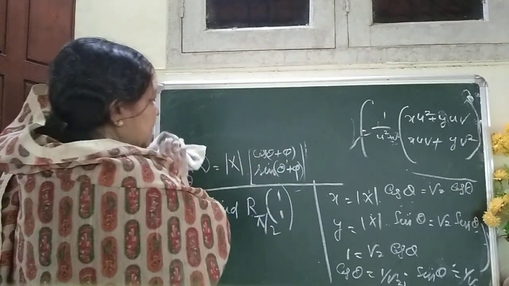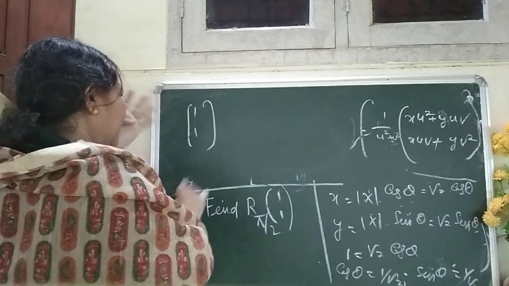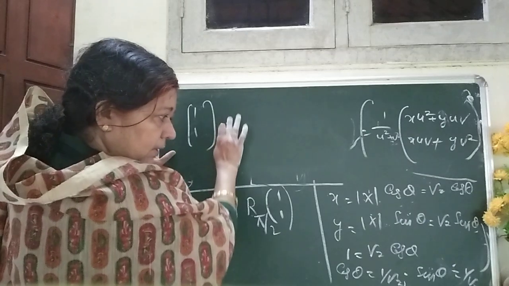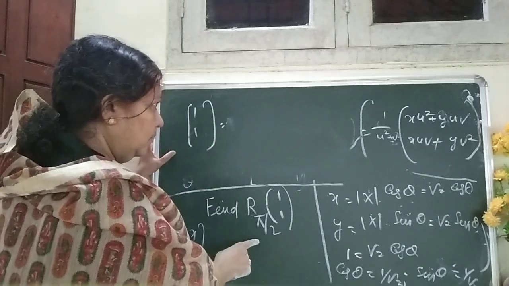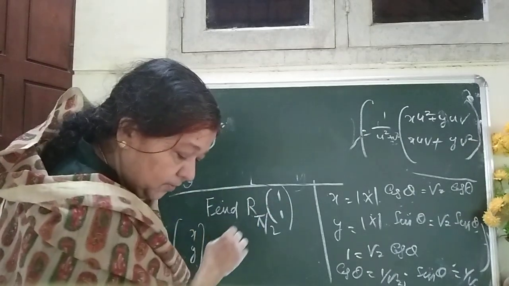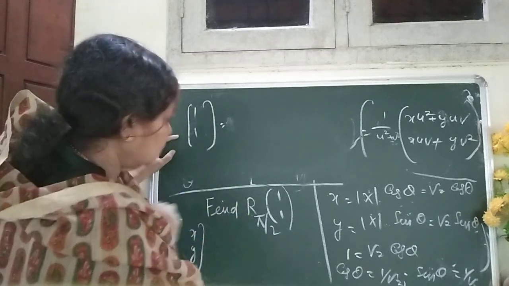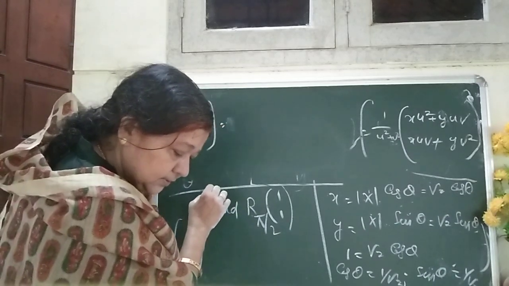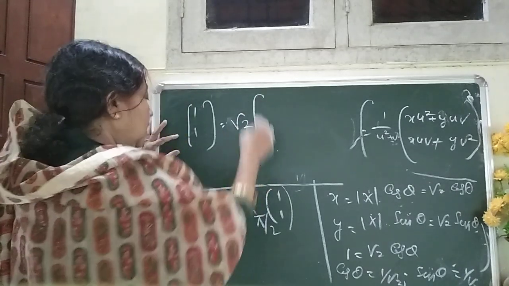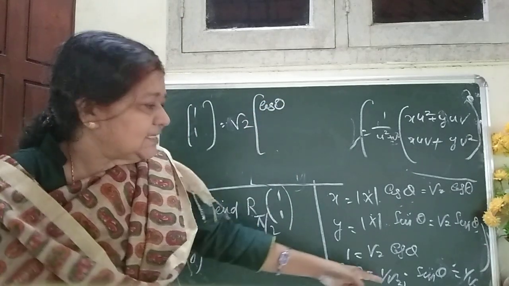Therefore, we can write this (1, 1) as mod x into (cos theta, sin theta), where modulus of x is root 2. So it is root 2 into cos theta, where cos theta equals 1 by root 2.